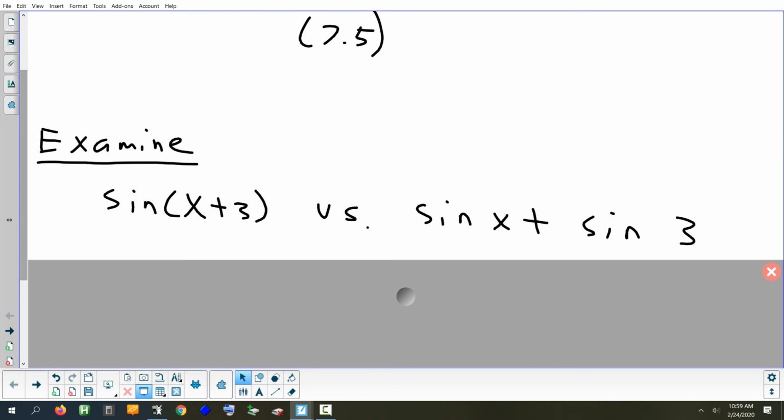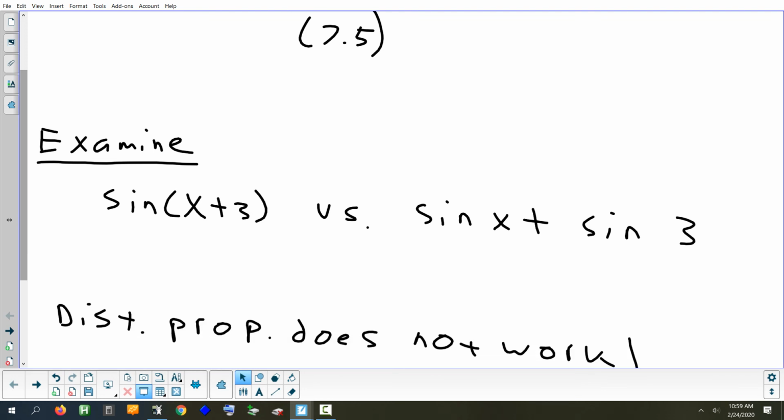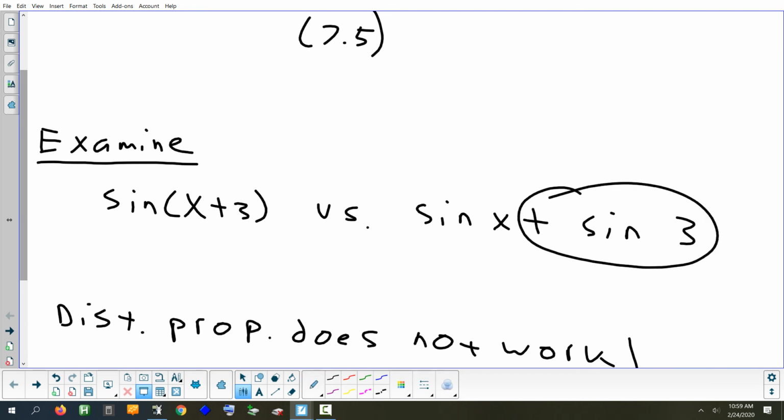So the point here is you can't do that. There is a way to deal with what happens when there's a plus inside here, but it's not distributing the sine. You can't do that. If you think about it from a transformation perspective, this is adding a number on the end. What kind of transformation is that?